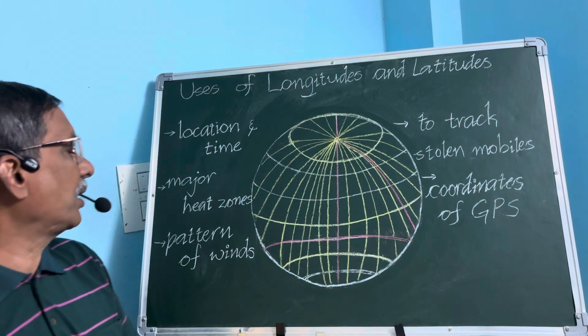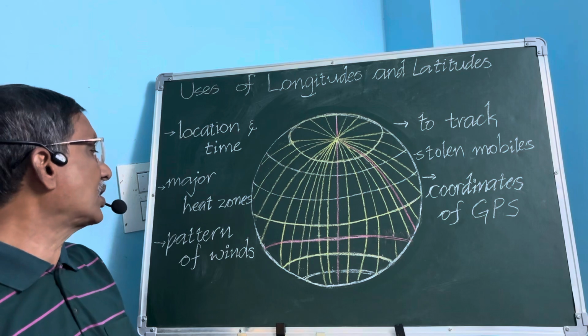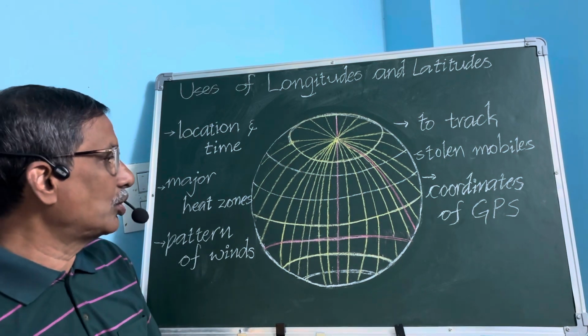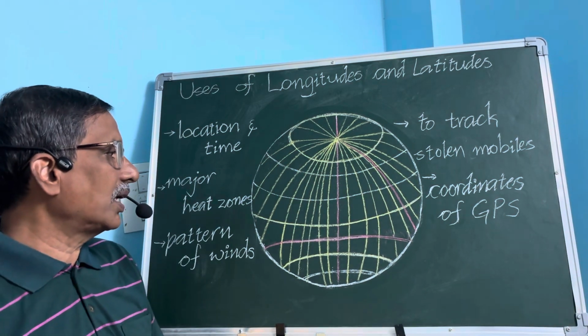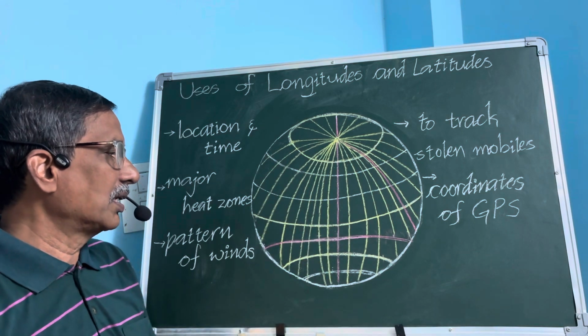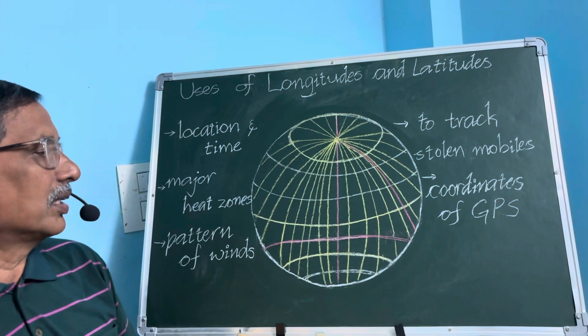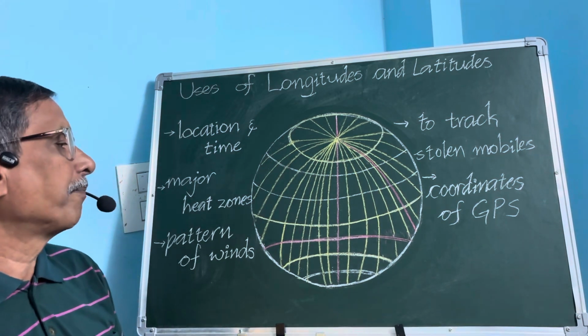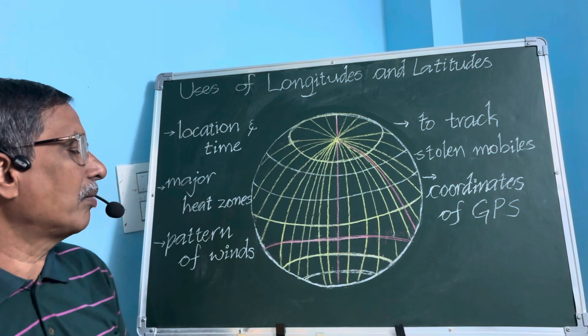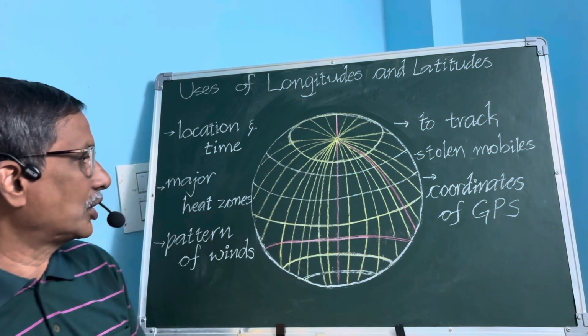And another important use of the latitudes is to determine the heat zones. We know that the regions between the two tropics, the Tropic of Cancer and the Tropic of Capricorn, are the hottest places on the earth, and almost all the major deserts are formed in these tropical zones.